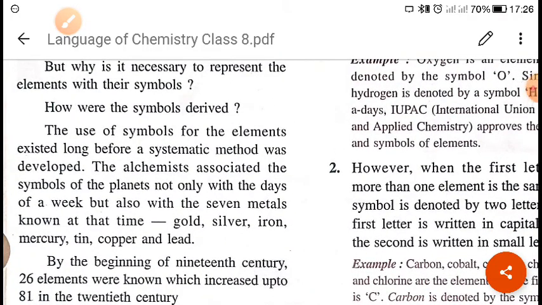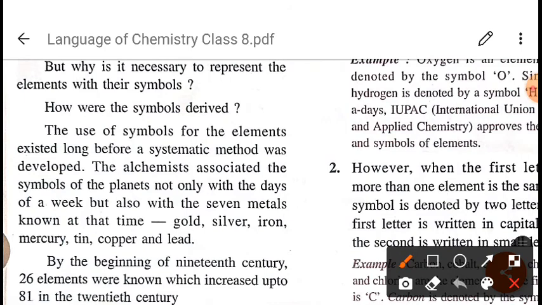As we know, the use of symbols for the elements existed long before, and a systematic method was developed to represent the symbols of the elements.